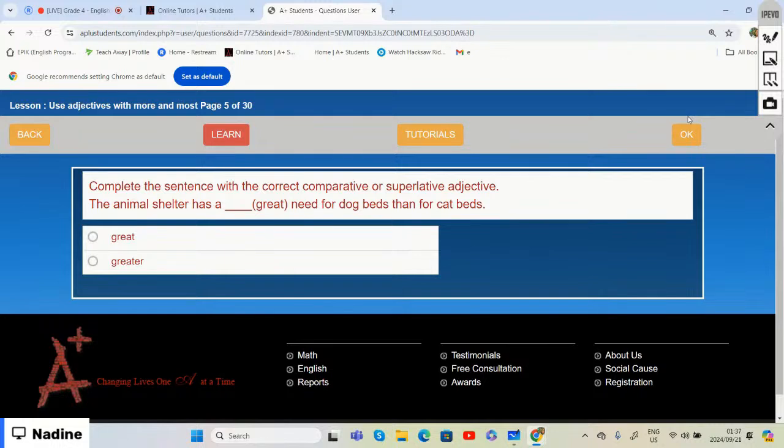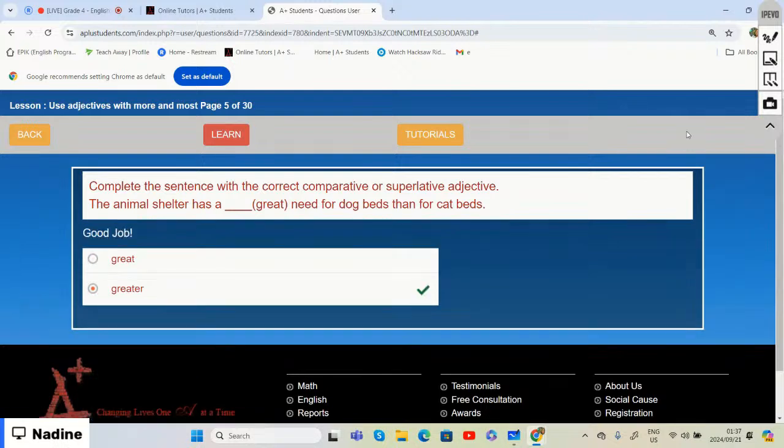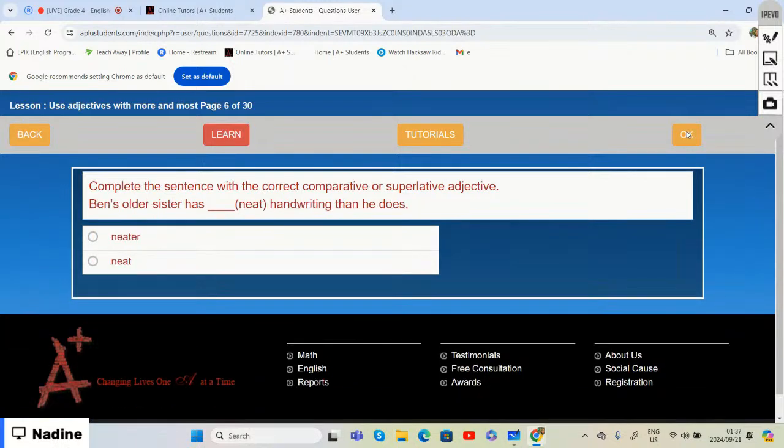And if we were to choose the correct option, we would say the animal shelter has a greater need for dog beds than cat beds. So option two, greater need. So well done.